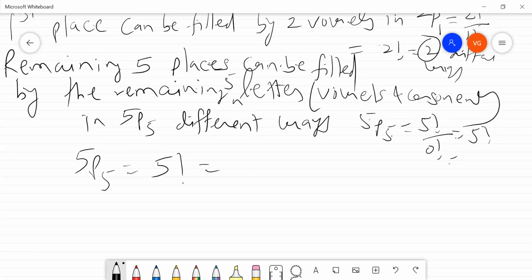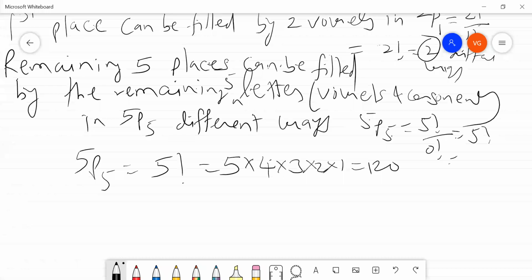It is given by 5 into 4 into 3 into 2 into 1. So it will be 120. Okay. So for the remaining places, I have got how many choices to fill?